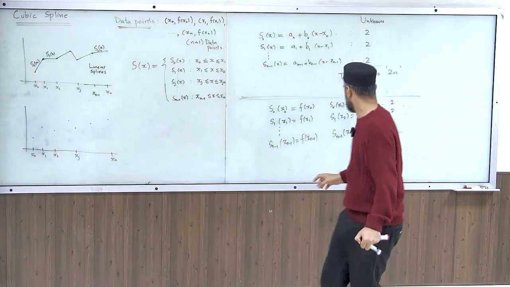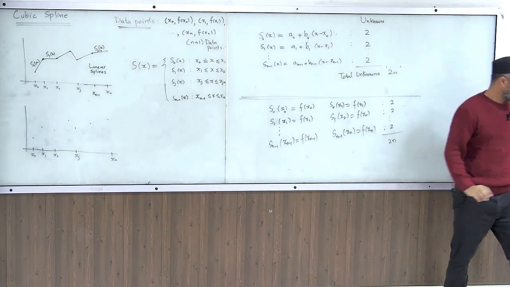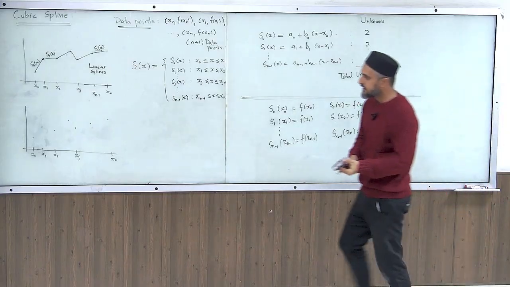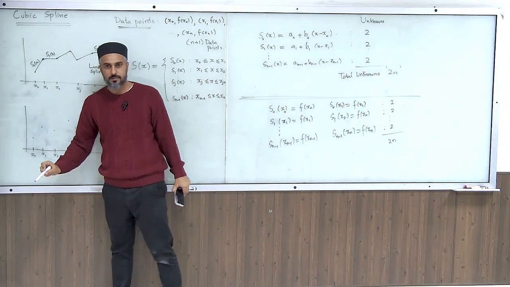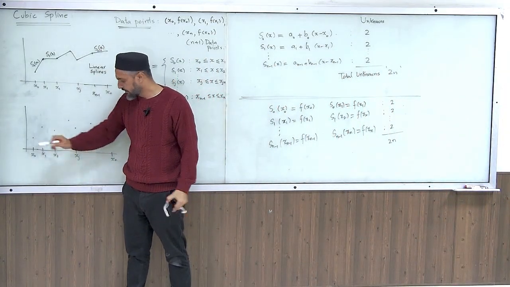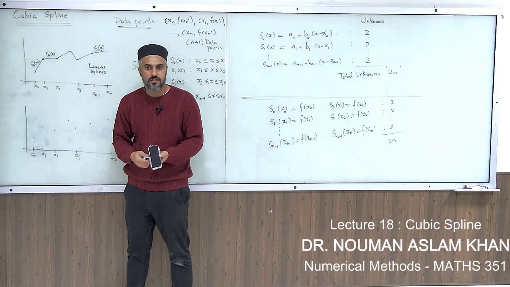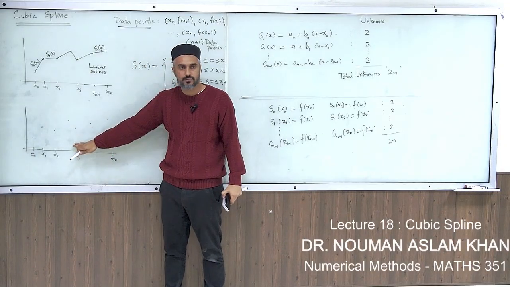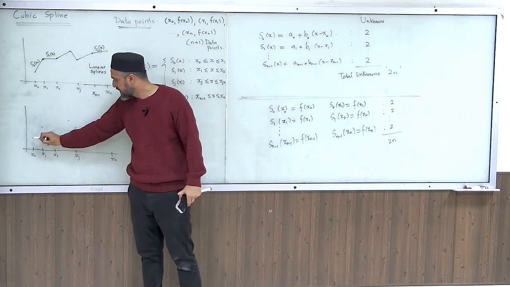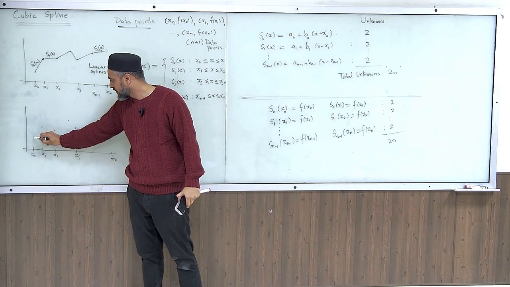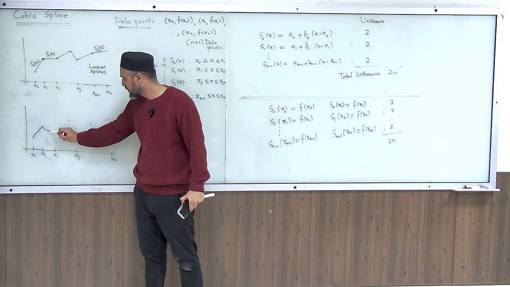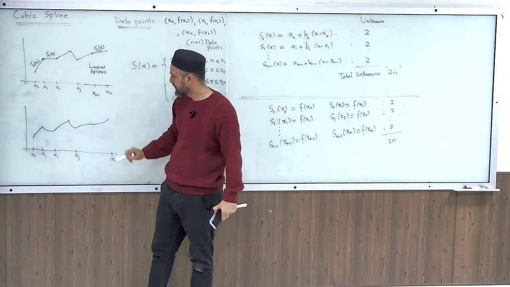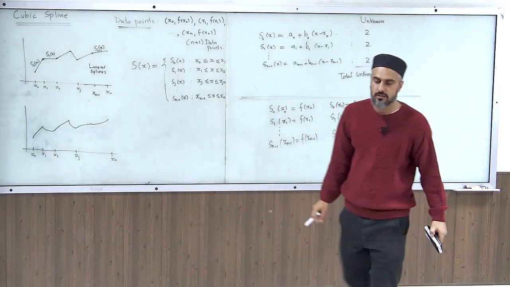Now coming towards the second degree polynomial. If I try to fit a quadratic curve to the same data, with a quadratic curve between the 2 points, then over here, then over here, then over here, maybe I get a curve like this.